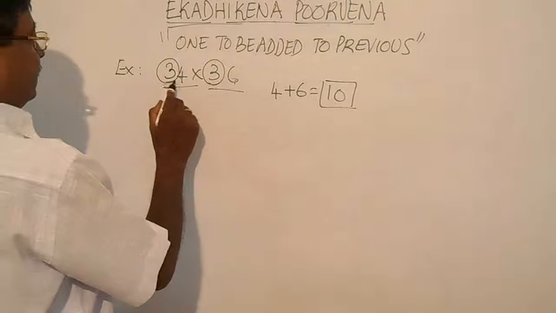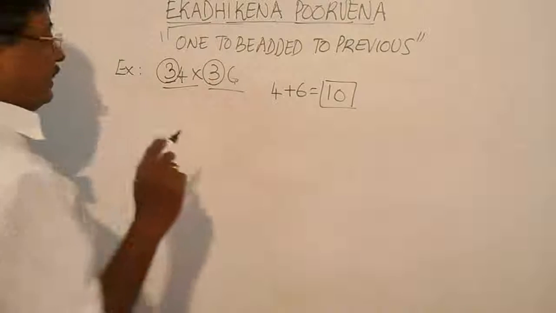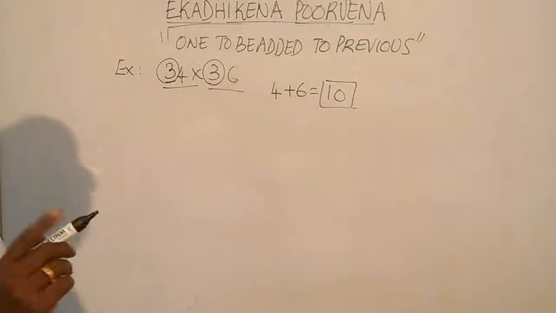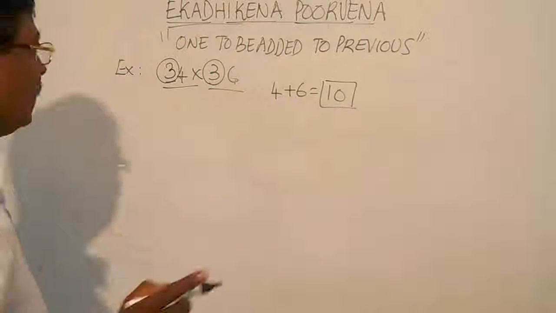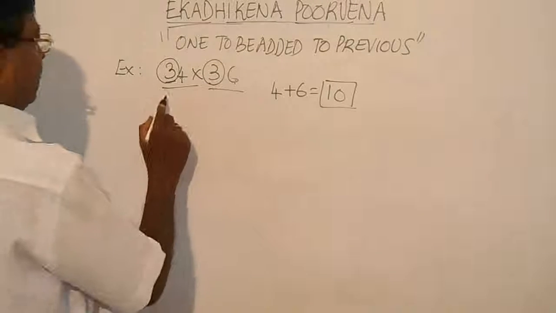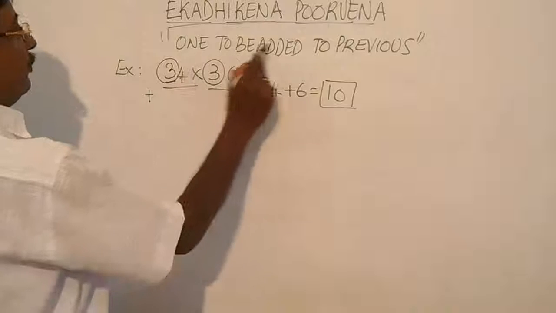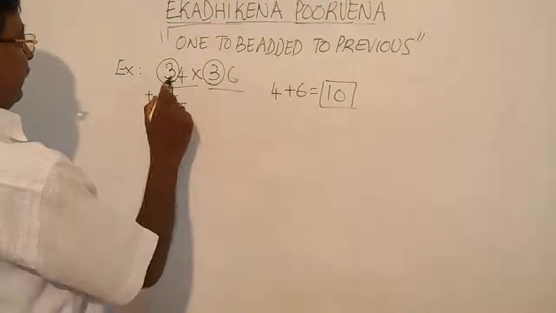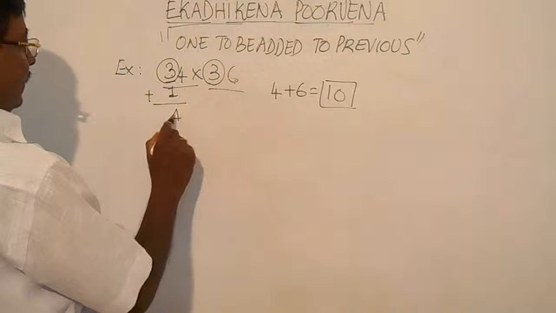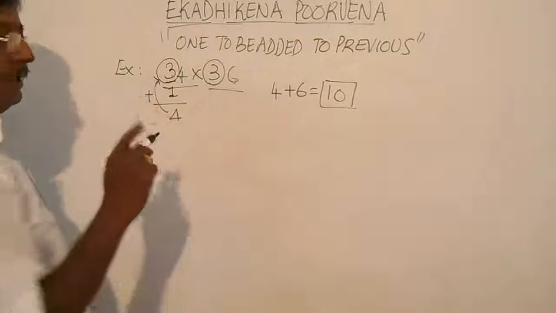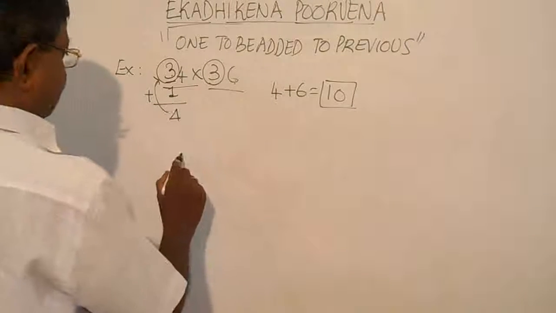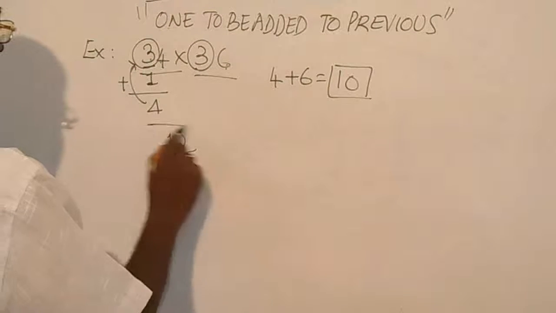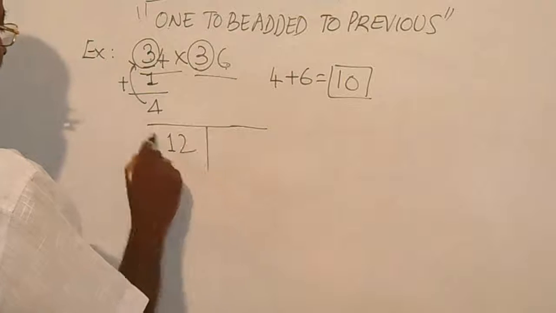And the other digit, that is 3, is the same here. In this condition we can utilize this Ekadikena Purvena, that is 1 to be added to the previous digit, and solve this multiplication. 1 should be added to the previous digit, 3. 3 plus 1 is 4, and it should be multiplied back to the 3. 3 4s are 12, forming LHS.